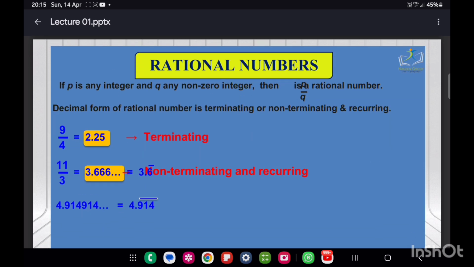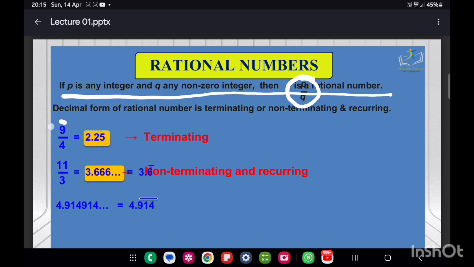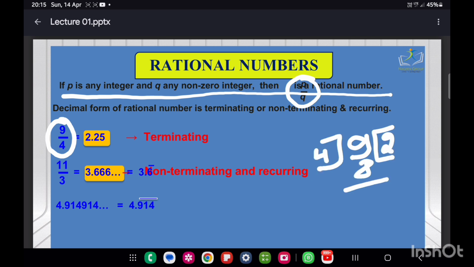Next, coming to the topic rational number. We already know that it is in the form of p by q. If we take any rational number, for example 9 by 4, and divide 9 by 4: 4 twos are 8, so 1 is remaining.